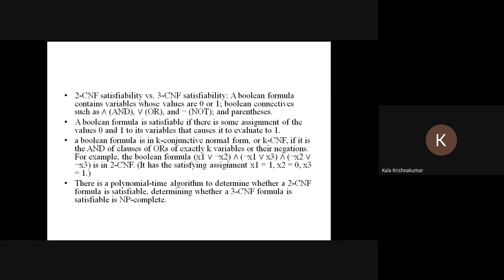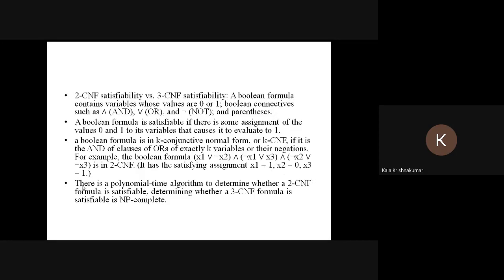So each of these clauses has exactly two distinct literals, and that is known as a 2 CNF. If each of these clauses has three literals, then you can say it is a 3 CNF, etc.